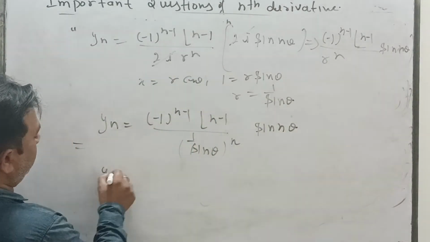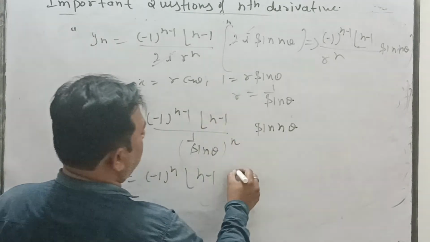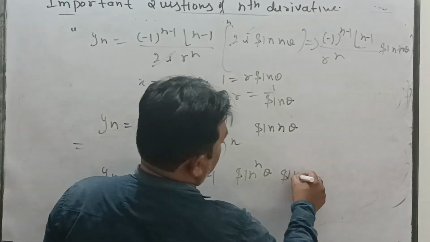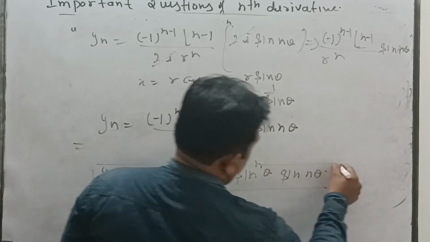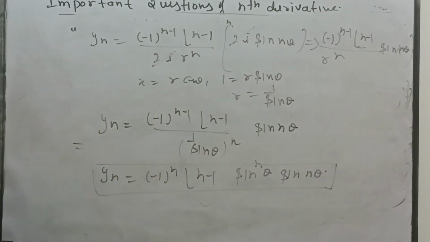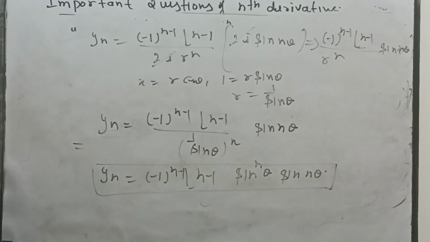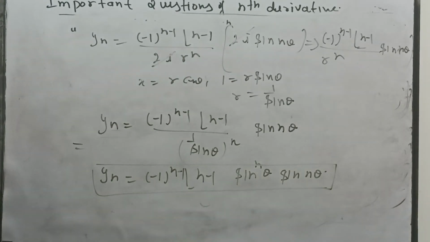You take out the value of this, and it automatically goes to the numerator: sin to the power n theta times sin n theta. This is the proof of this question, the nth derivative of arctan of 1 upon x. Understand all of you? This is the given answer of this question. Any doubt about this question? Please make a note.